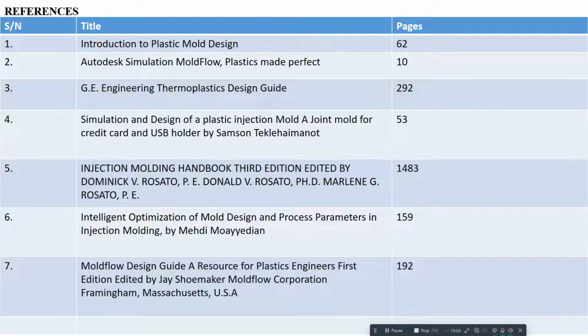Now, Injection Molding Handbook, 3rd edition, edited by Dominick V. Rosato, P.E., Donald Rosato, PhD, and Marlene G. Rosato, P.E. The 6th reference is Intelligent Optimization of Mold Design and Process Parameters in Injection Molding by Nedhi Mohahiden. Then we have the Moldflow Design Guide: A Resource for Plastics Engineers, 1st edition, edited by J. Shoemaker, Moldflow Corporation, Framingham, Massachusetts, United States.